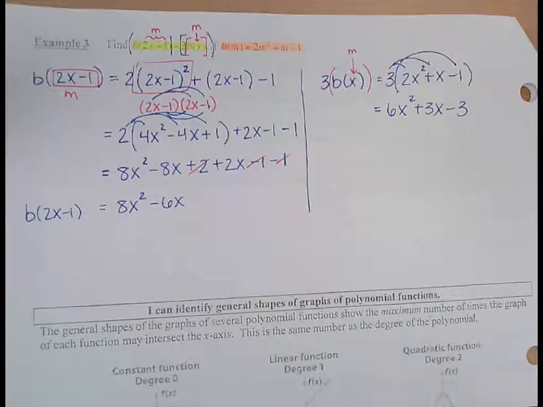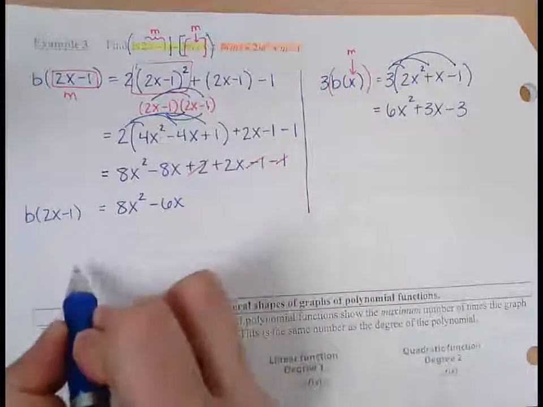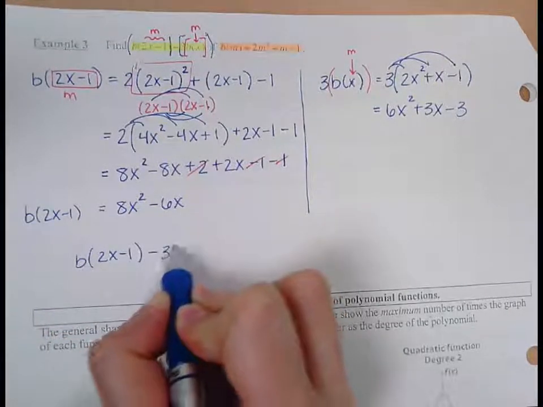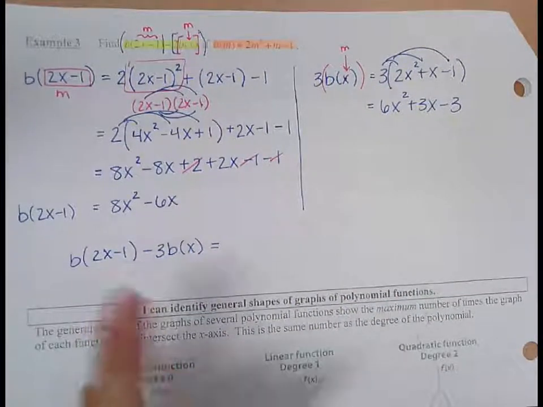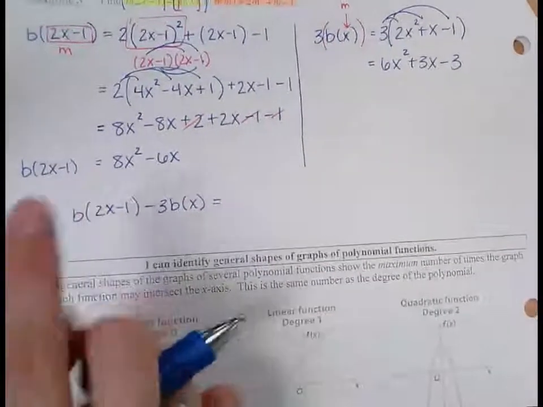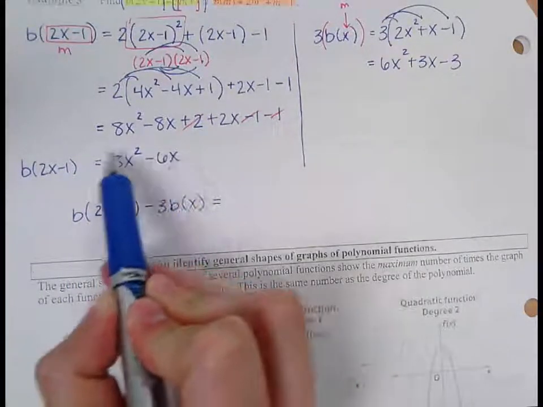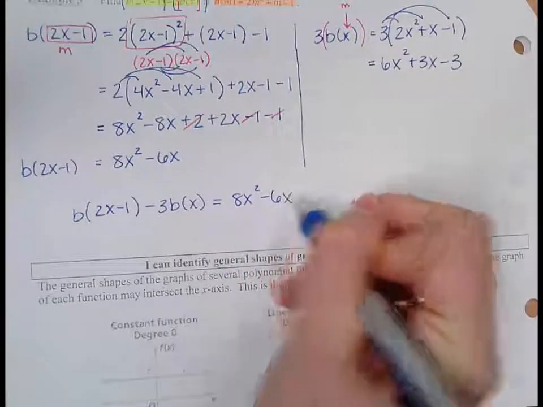So then for the entire expression, because ultimately I'm trying to find this whole thing, b of 2x minus 1 minus 3 times b of x. And I already found these two pieces separately, so I can plug them in. So the b of 2x minus 1 was the 8x squared minus 6x.